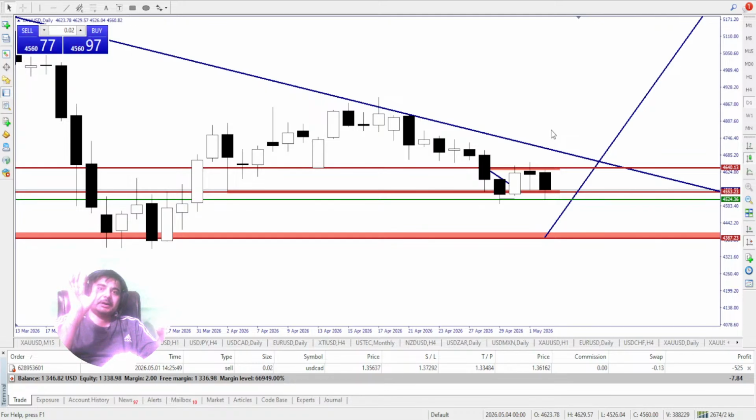The buyer is willing to buy right here, and the seller is willing to sell right here. So this is such a place on the chart. Okay, so remember, the more time it spends between these two levels, 46.40 and 45.53, the deadlier it will become for the lower time frame traders.